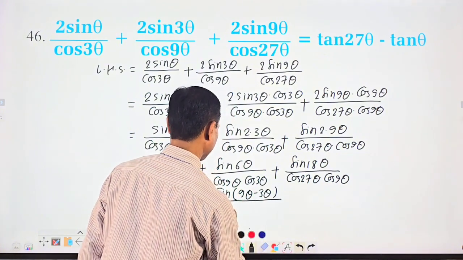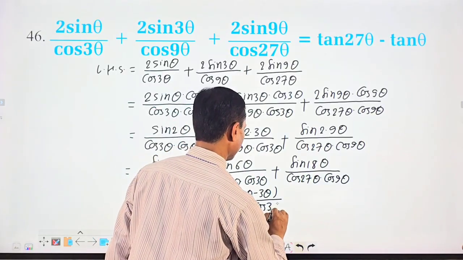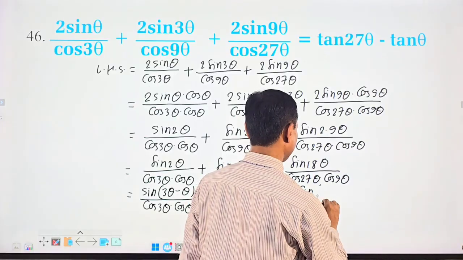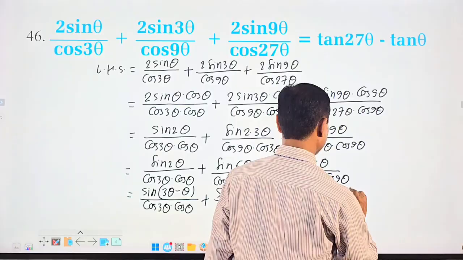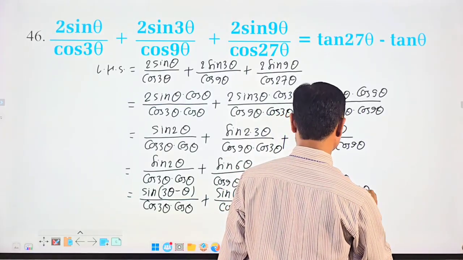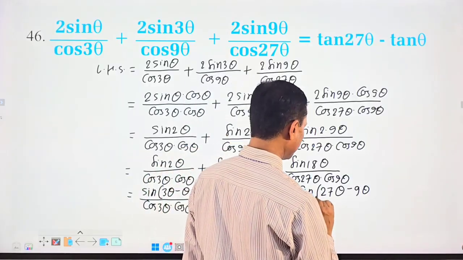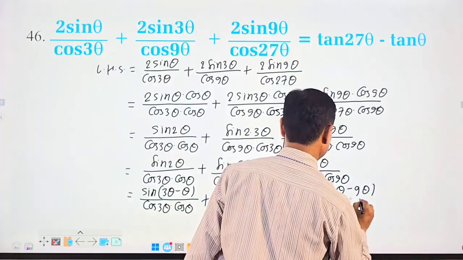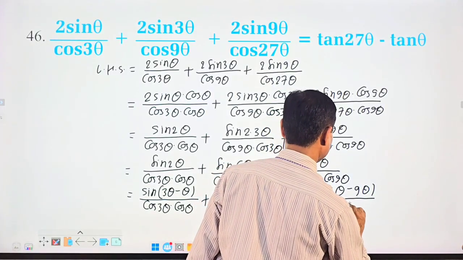And down of that we can write here cos 9 theta dot cos 3 theta. Here also same, sin 27 theta minus 9 theta. So can write or not? 27 minus 9 equals 18, and that is cos 27 theta dot cos 9 theta.